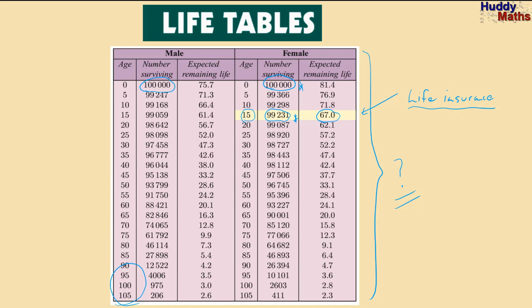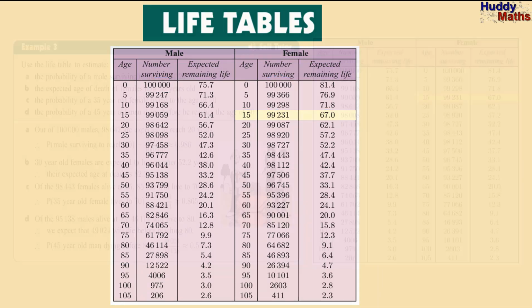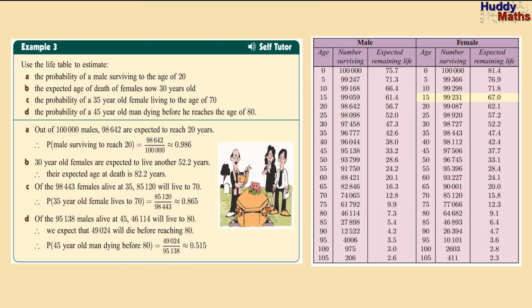Now, what was happening when those people were born is a lot different from what's happening when people are born today, isn't it? So there's a few restrictions we might have to think about. But life insurance companies do base their charges and whether they'll insure people on experimental observations like this.